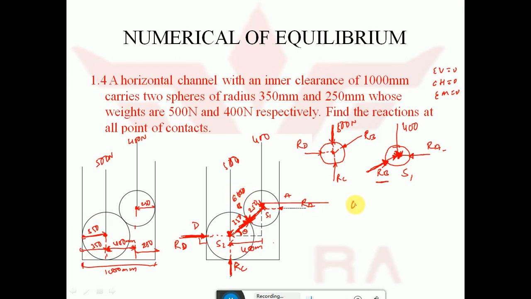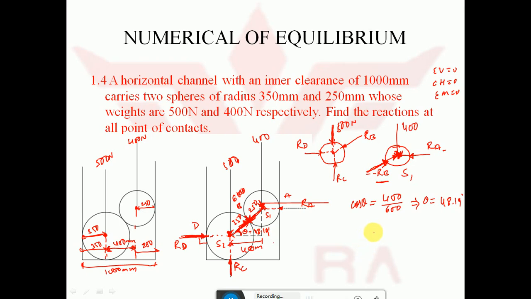So if I apply cos theta, that is cos theta is equal to adjacent divided by hypotenuse, that is 400 divided by 600, which implies theta is equal to 48.19 degrees. So this makes an angle of 48.19 degrees.